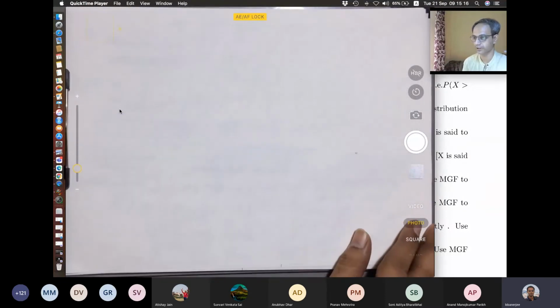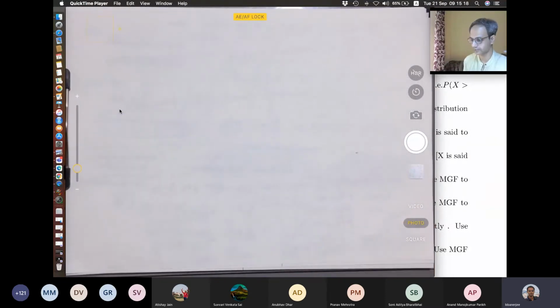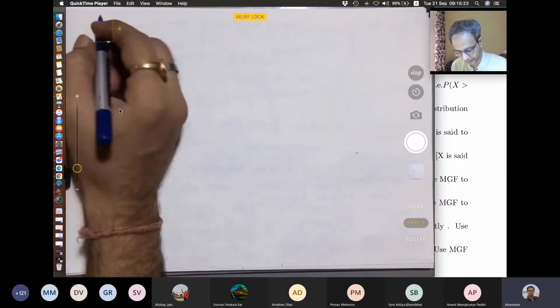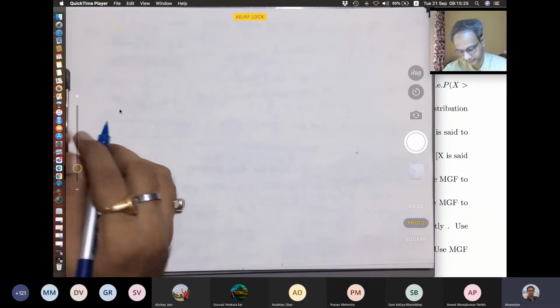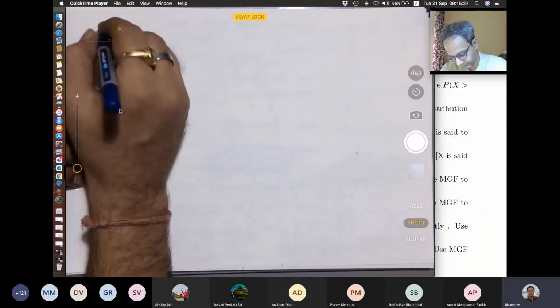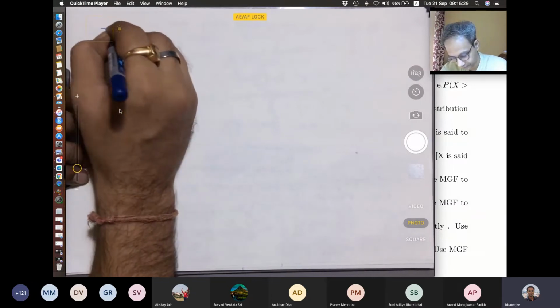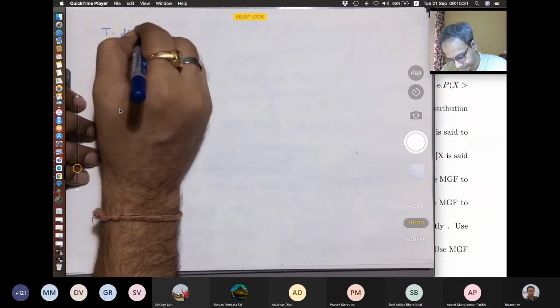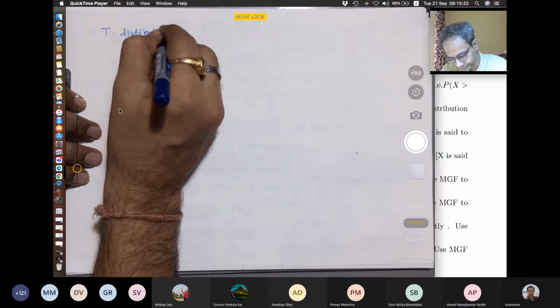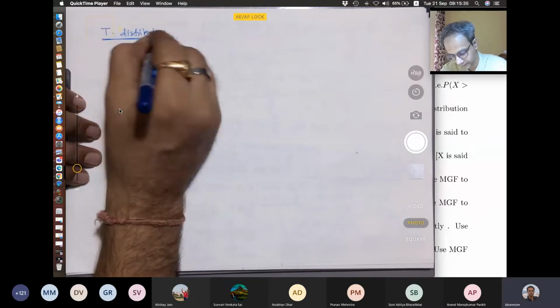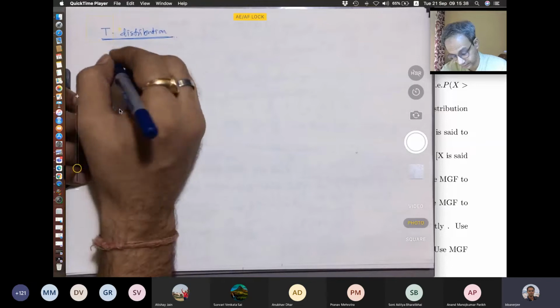We may study them after your second class test. I'm just giving the names and the definitions. We will study them later on. So the T distribution, and others, will be hugely applicable in the statistics part.